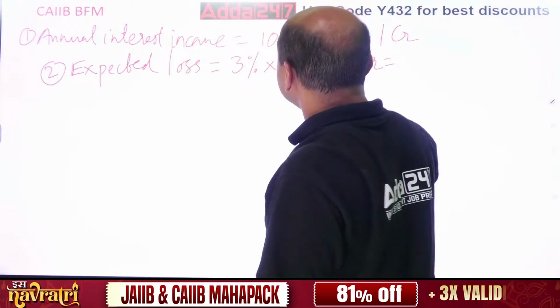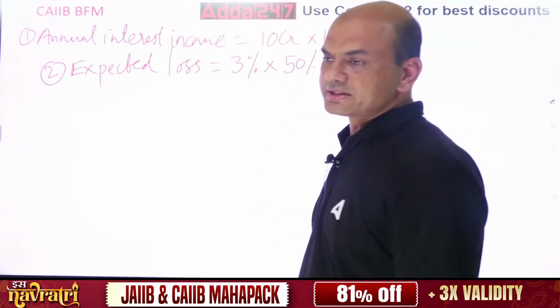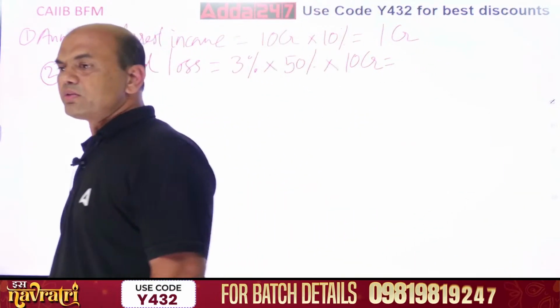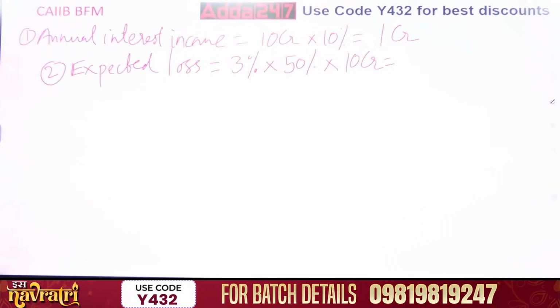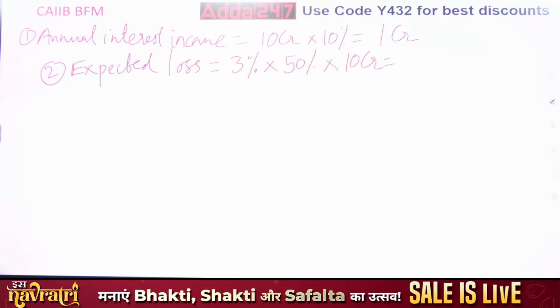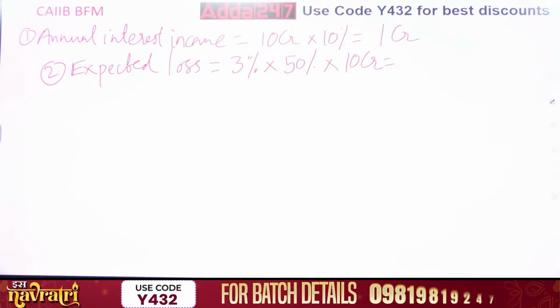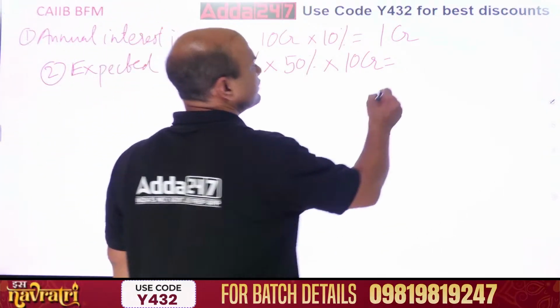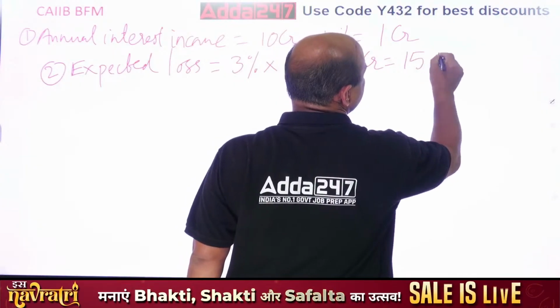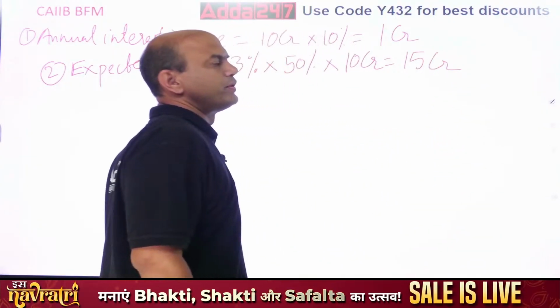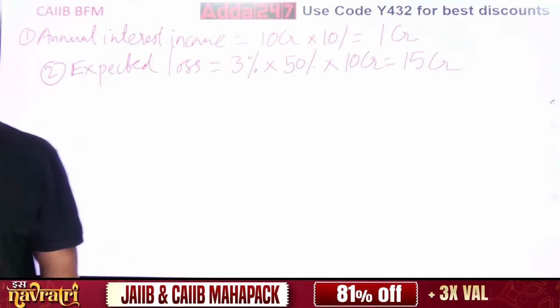So what is the answer now? 5 3s are 15. 150% of this 10 CR. So that is equal to 15 CR. Everyone clear on this? 15 CR. This is your next step.